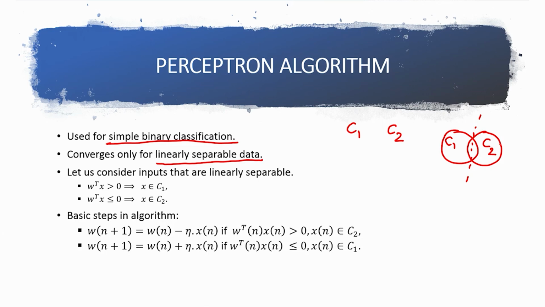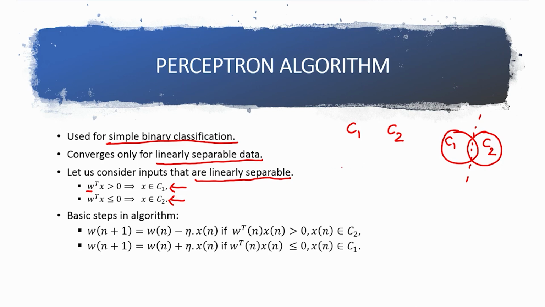So, suppose we have a set of inputs that are linearly separable. Then, using the Perceptron algorithm, we can find a weight vector W such that W transpose X is greater than 0 for all inputs X that belong to class C1, and W transpose X is less than or equal to 0 for all inputs that belong to the class C2.